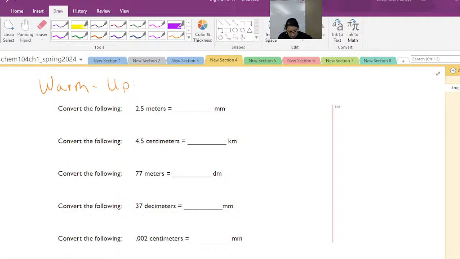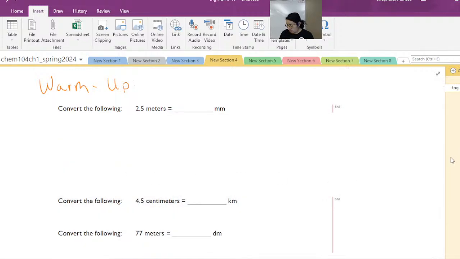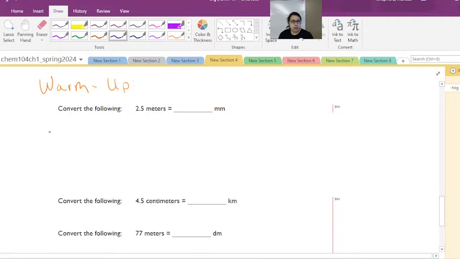All right, let's start going over these. Let's start with this one: converting 2.5 meters to millimeters. Walk me through what you did.